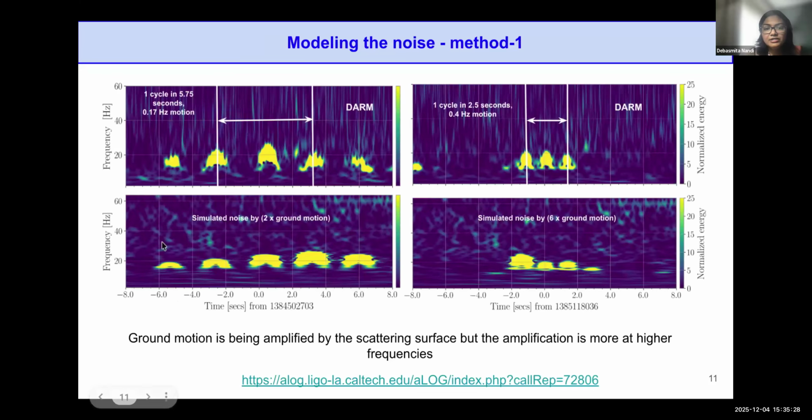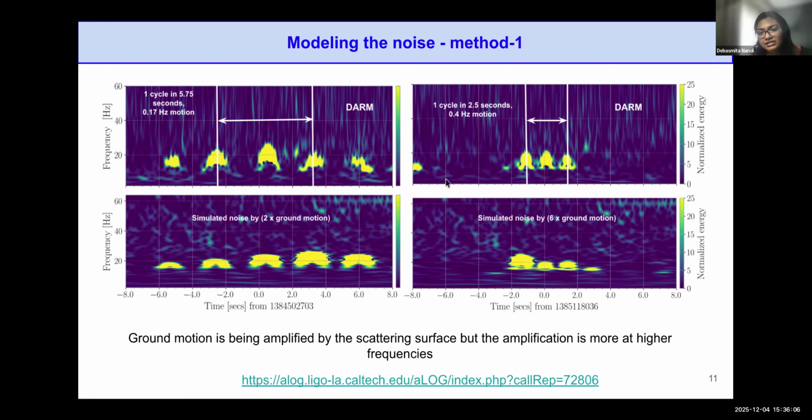This is a brief motivation behind the first model, where we modeled the baffles and the motion of those kinds of structures. Here we have a noise created by scattered light in DARM, and this glitch was created by a 0.17 hertz motion, because the separation is close to 6 seconds. So it's around 0.17 hertz motion. For this particular example, if we amplify the ground motion by a factor of 2, we can create the same arches at the same time as seen in DARM.